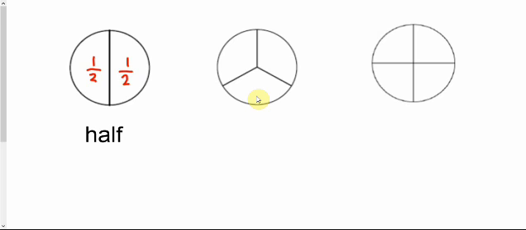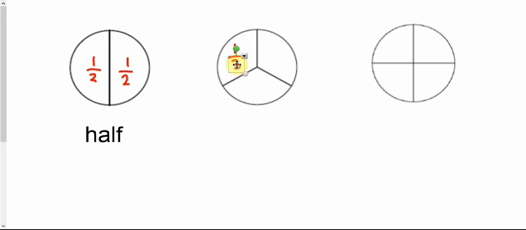Let's see the next one. It's also divided into three parts, and there are three equal parts, by the way. We have to divide any shape we want to find its fraction into equal parts. This one is one part out of the total, which is three parts.